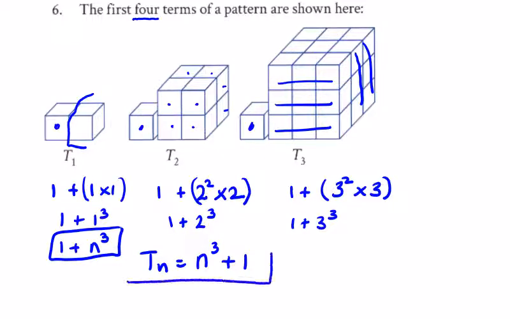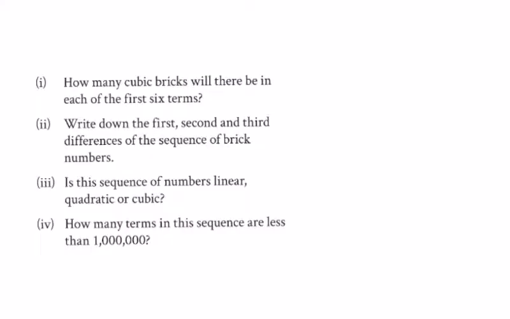So try and identify what's happening in the sequence. Makes it a little bit easier. And now let's look at the questions that follow. So how many cubic bricks in the first 6 terms? I'm going to just write down n cubed here. This is how they build up these questions. 1 cubed is 1. 2 cubed is 8. 3 cubed is 27, 4 cubed is 64, and 5 cubed is 125. 6 by 6 by 6 is 216.